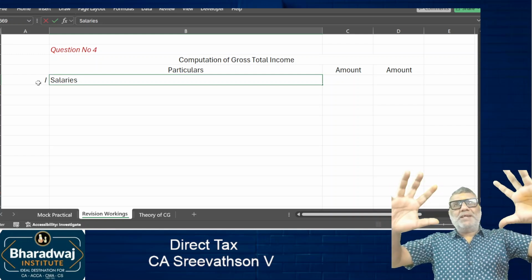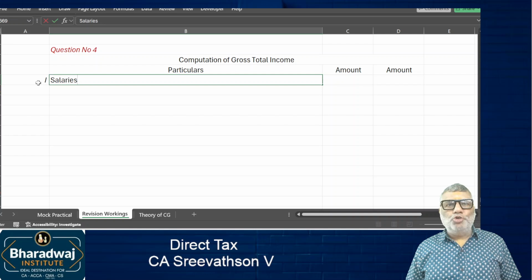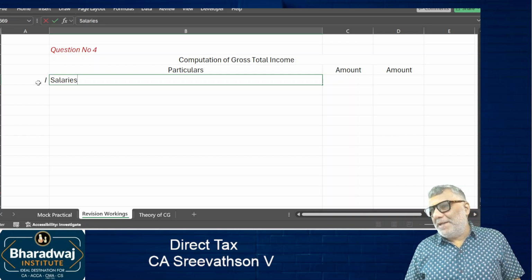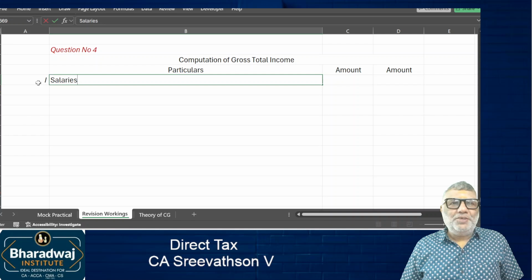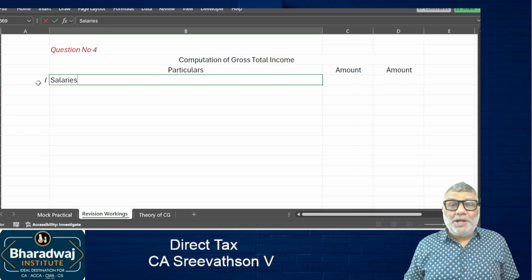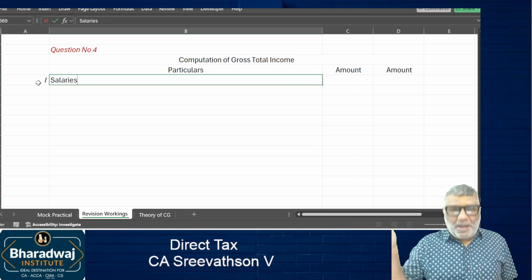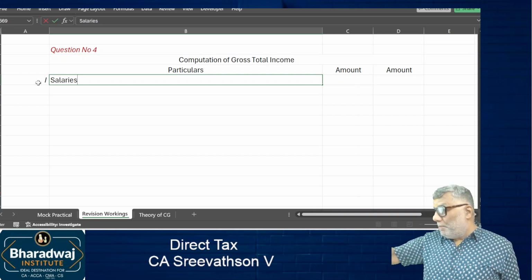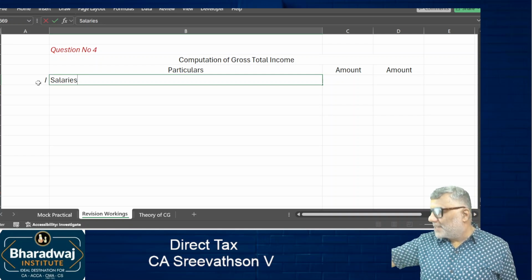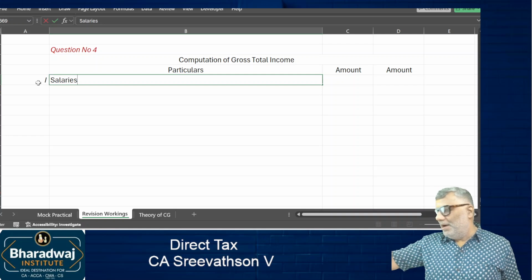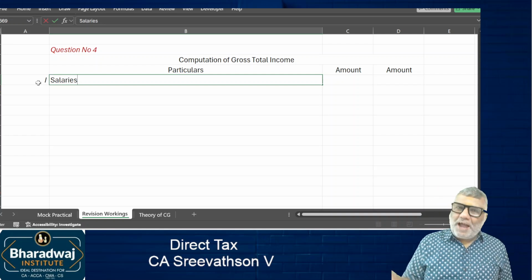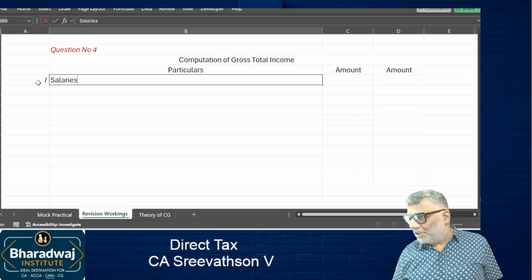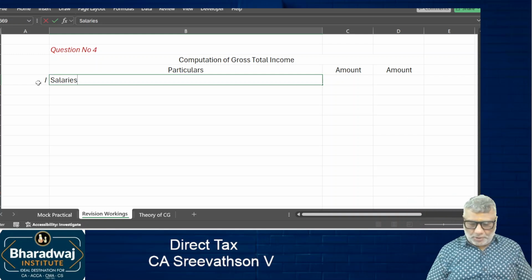Suppose Mr. X has invested in a house property in the name of Mrs. X. Mrs. X is receiving 20,000 as rent from the property. You will not club 2,40,000. You will club after providing standard deduction. It is not clubbing of receipt. It is clubbing of income. So here also I will provide the standard deduction, and then only club. Okay.